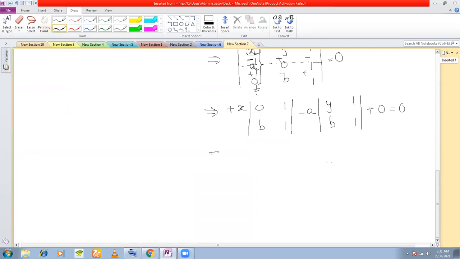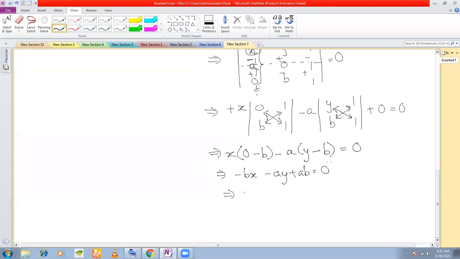So this becomes x into 0 minus b. Multiply these two: 0 into 1 is 0, minus 1 into b is b. Minus a into 1 into y is y. Minus b into 1 b equal to 0. So you are getting minus bx minus ay plus ab is equal to 0.